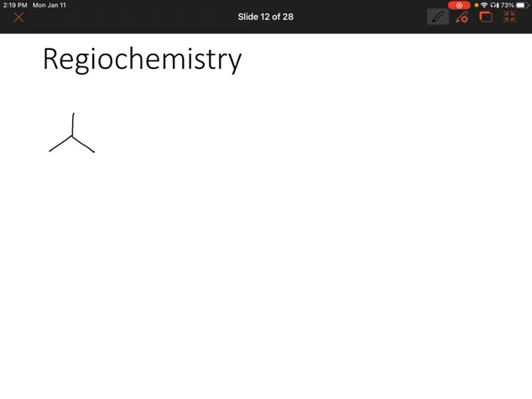And let's add chlorine, and we'll use light to initiate the reaction. Experimentally, we would end up with two products. We would end up with one product where chlorine adds to the tertiary carbon, and one product where it adds to a primary carbon.